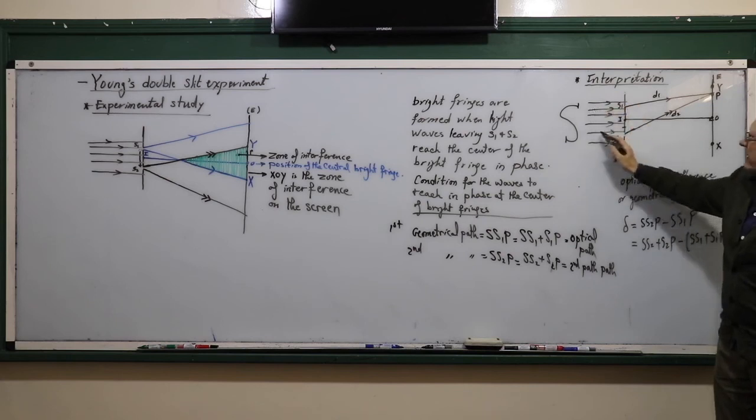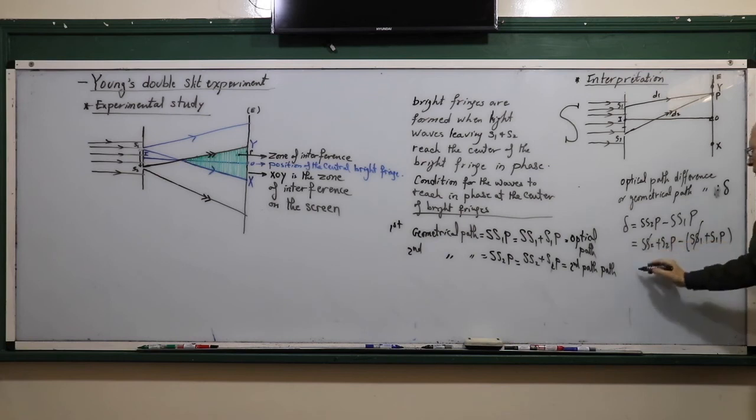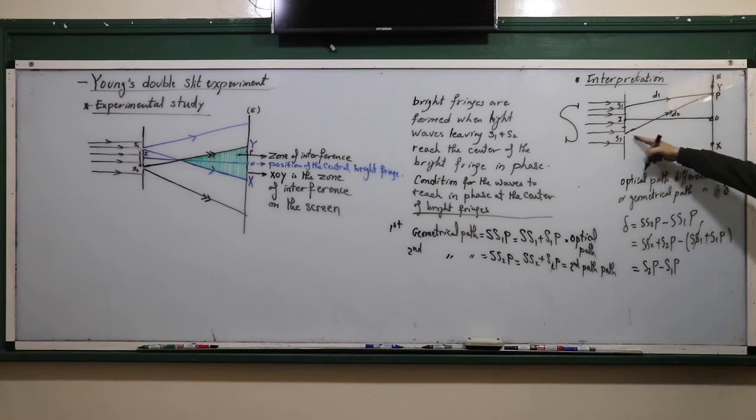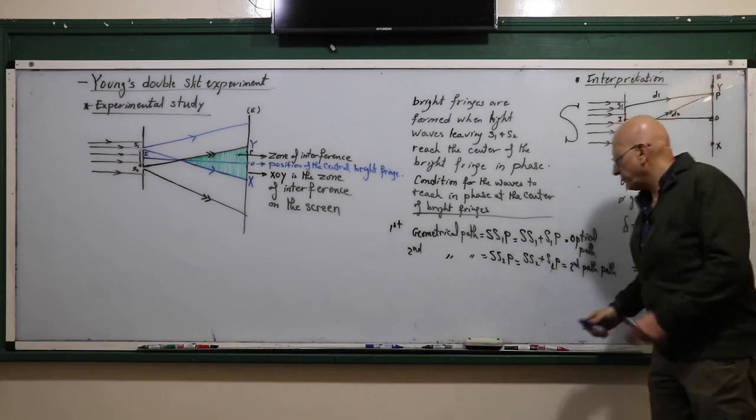This is a rectangle. So I can cancel this with this. You get here S2P minus S1P. So the optical path difference is S2P or D2 minus S1P or D1. How to indicate delta on the figure?